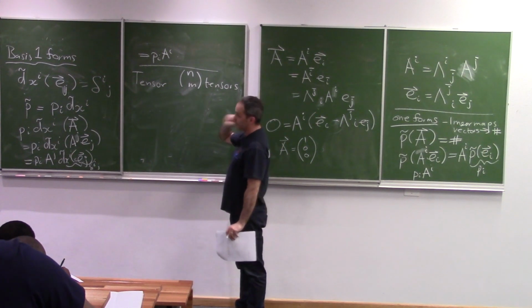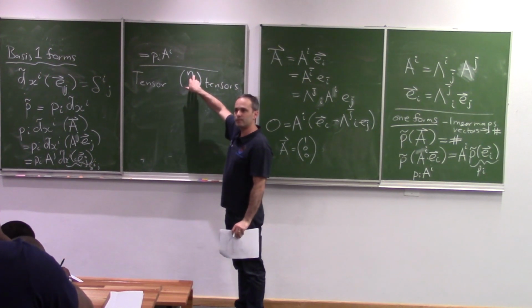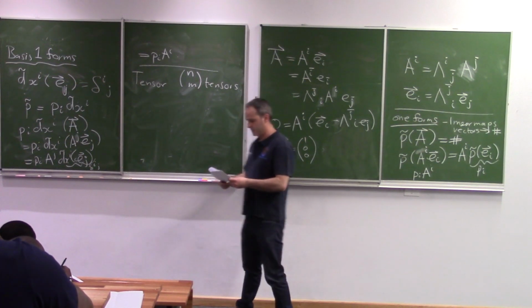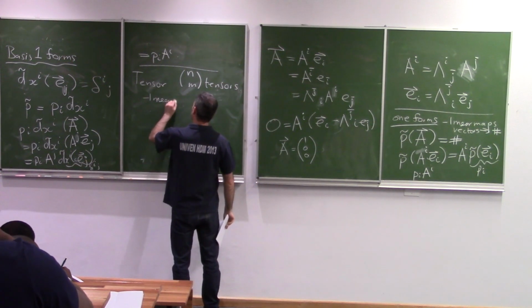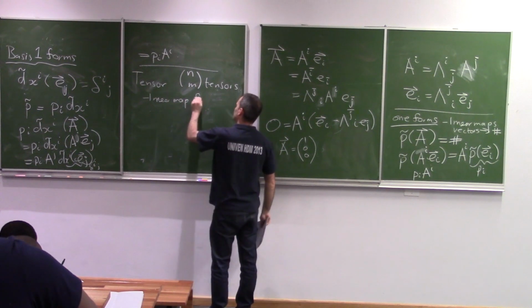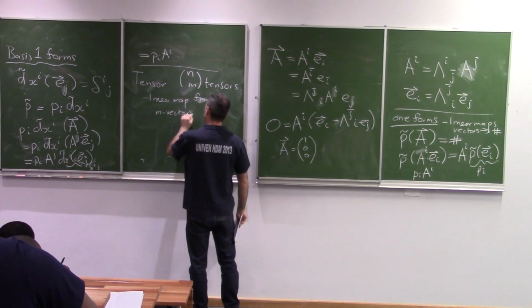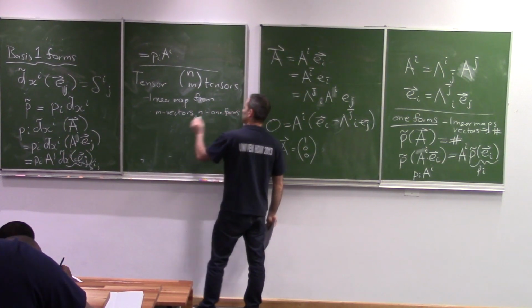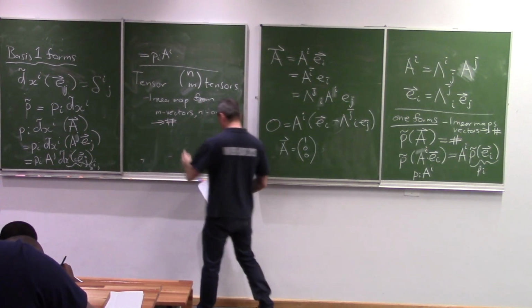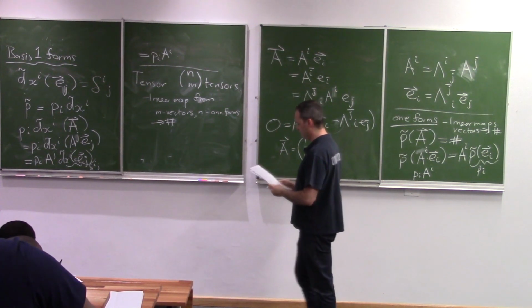Okay, so an (n, m) tensor will take m vectors and n one forms and give you a number. So also it's a linear map from m vectors and n one forms, and that gives you a number.